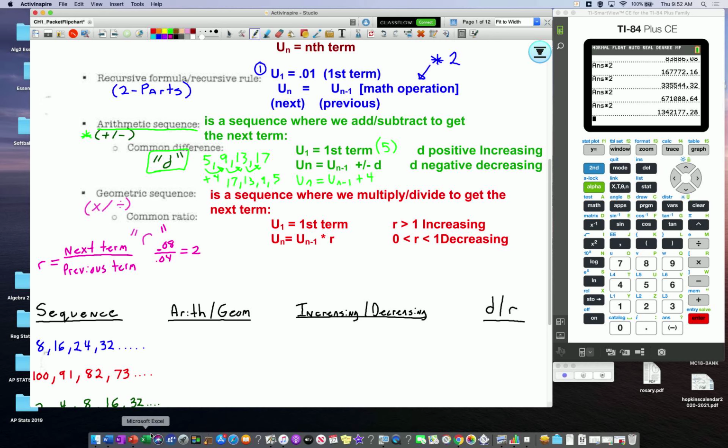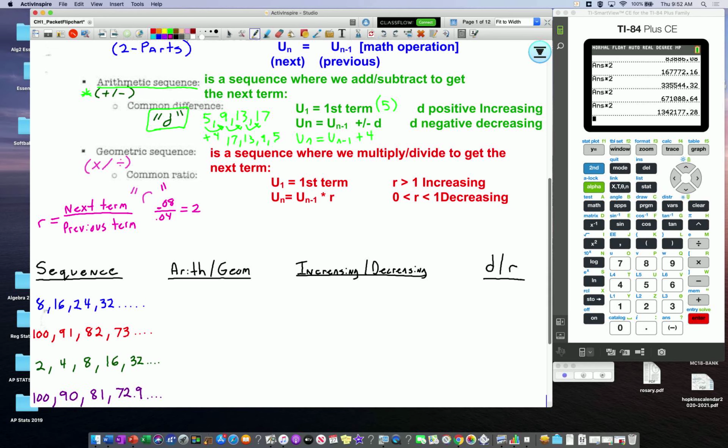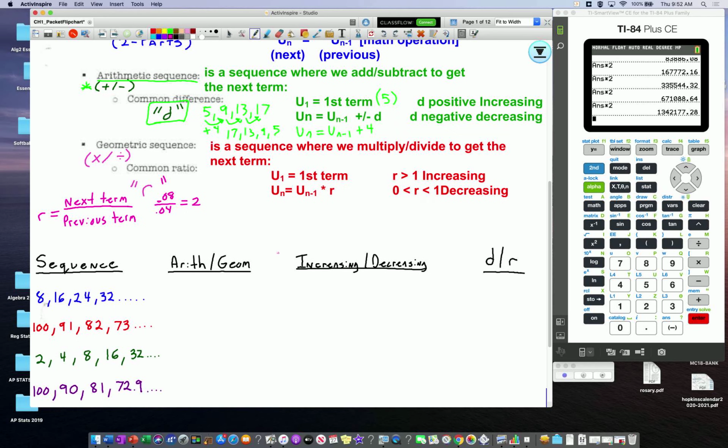That's what I was multiplying by. Okay? So if I'm writing the one up top, just like we said, U sub 1, the first term, was a penny. Then I'd say U sub n equals U sub n minus 1, and I'd simply say multiply by 2.